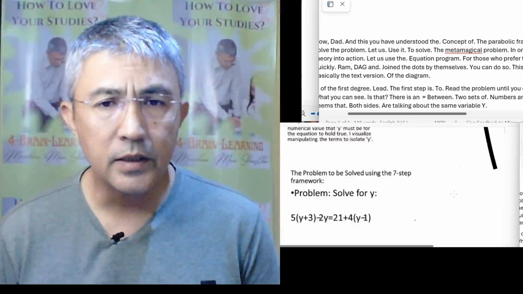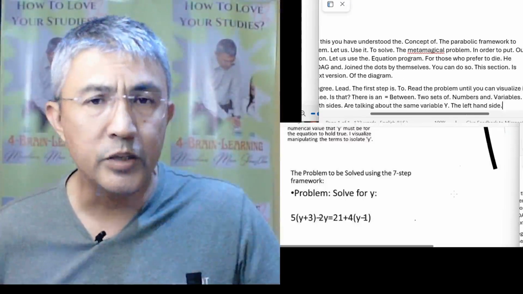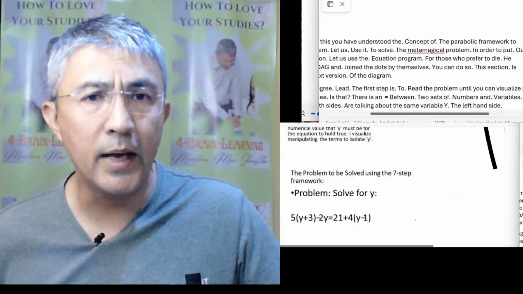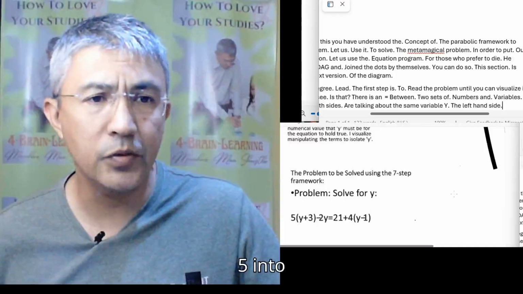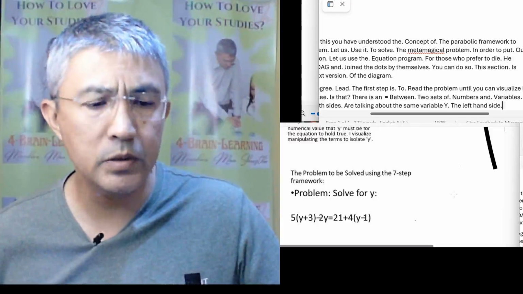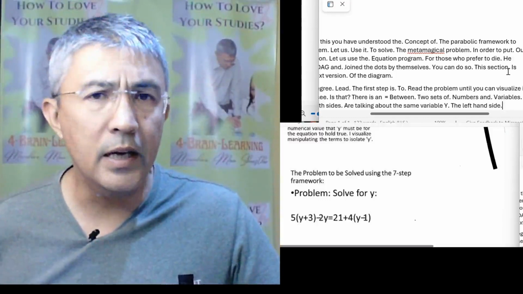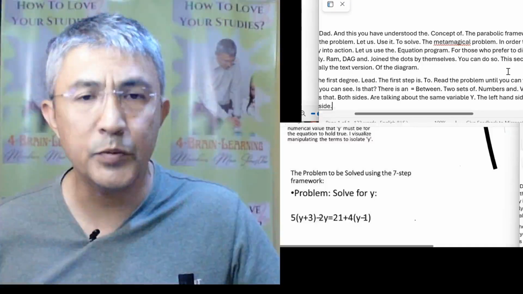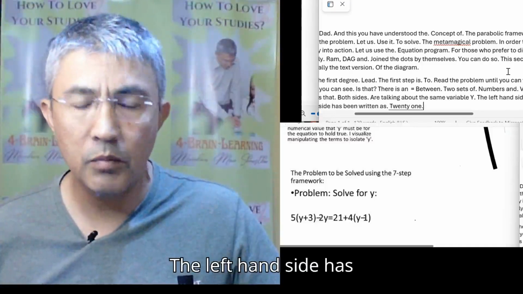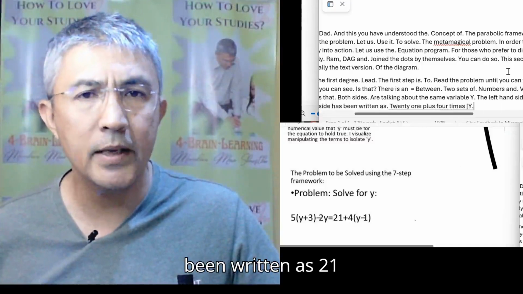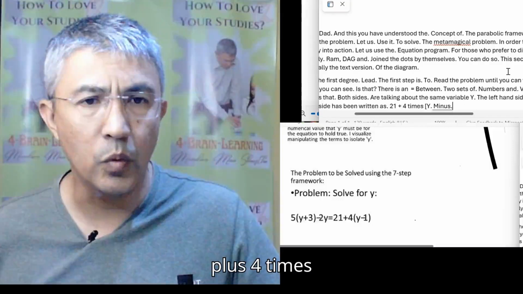Here, the left-hand side has been written as 5 into bracket y plus 3 bracket close minus 2 times y. The right-hand side has been written as 21 plus 4 times open bracket y minus 1 closed bracket.